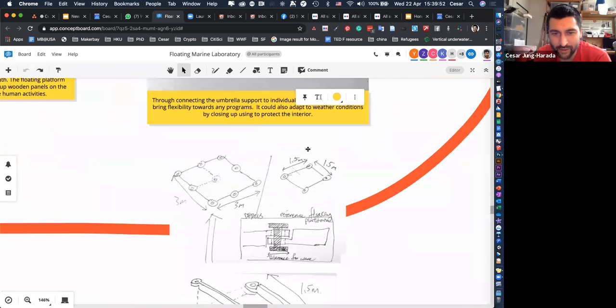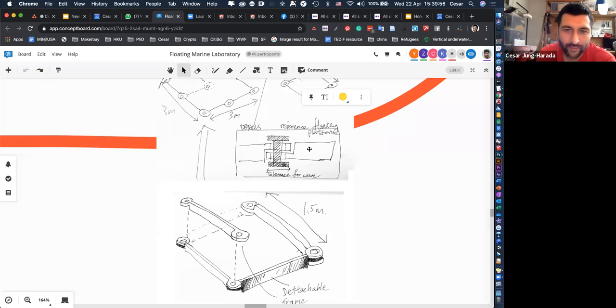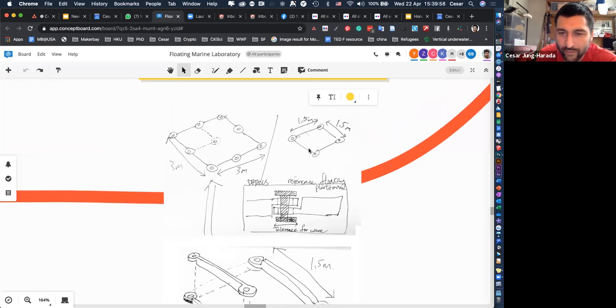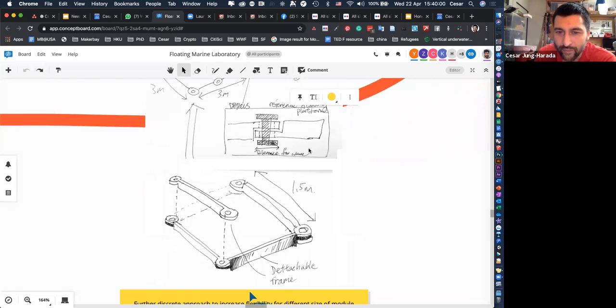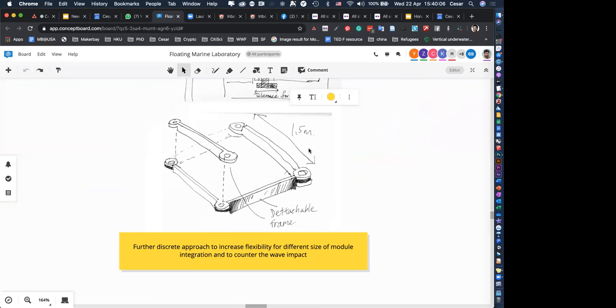And the last idea, 3 by 3. Can the author describe what we're looking at? Yeah, so this is CC and I. Basically, we discussed the comments we received from the critics last time, and there are basically two.